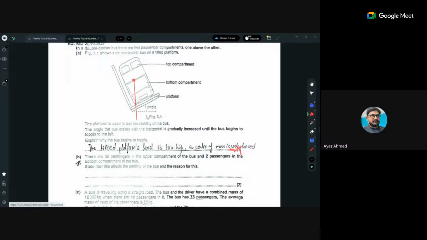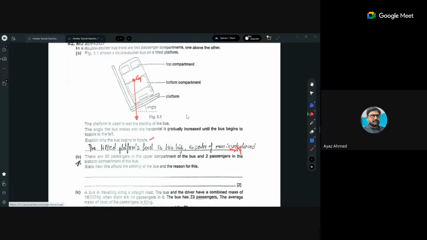Okay, so you will write that when the center of weight, sorry, center of gravity, will not change, so the line of weight force is crossing the base area or it is out of the base area, that is why it begins to topple over.